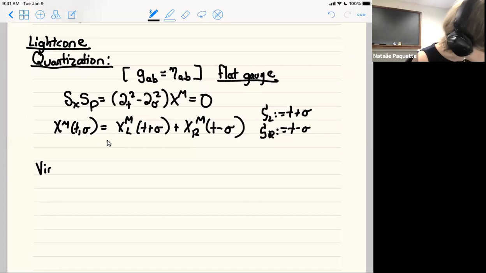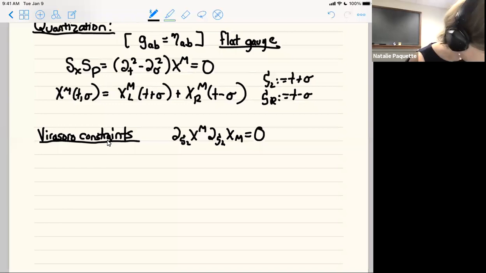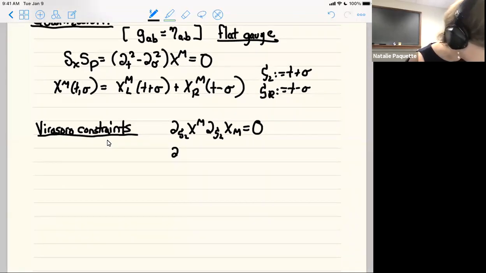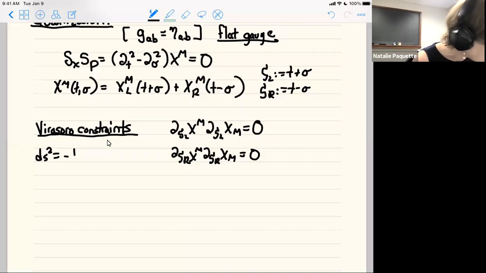And these are called Virasoro constraints. And I'll just write them in my new coordinates, zeta L and zeta R, because they look particularly simple in those coordinates. And I have my flat space metric in terms of these coordinates as well.